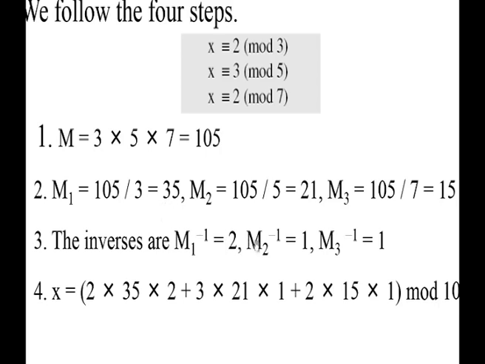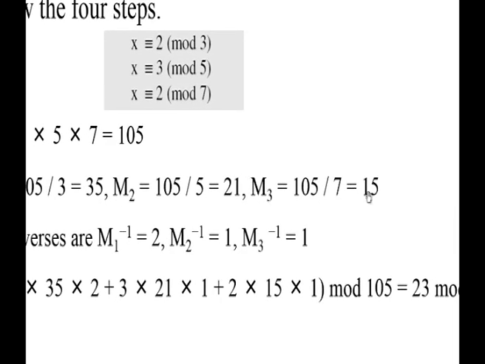Similarly, we can also find the multiplicative inverse for the second element, where if I take 21, what is the multiplicative inverse of 21? That means 21 into 1 mod 5, if I am getting 1, then I can say 1 is the multiplicative inverse of 21, and 21 is the multiplicative inverse of 1 with respect to mod 5. Similarly, I will do it for 15 also.